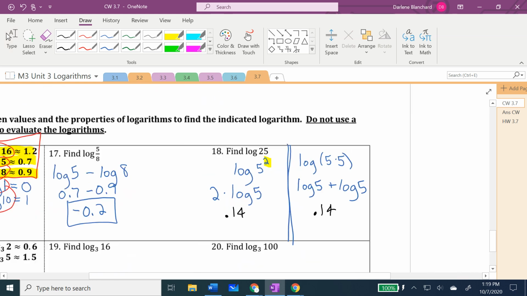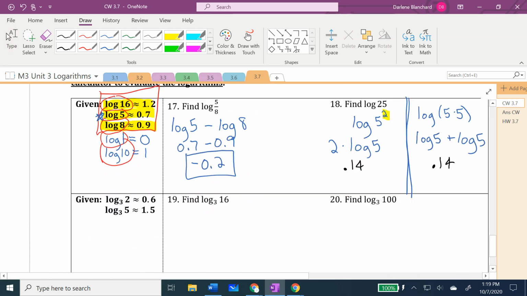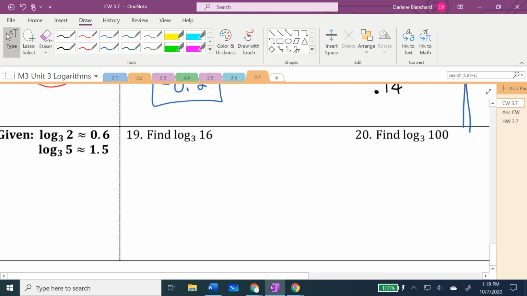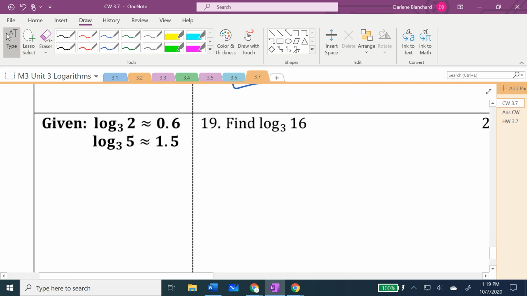Then that was for a base 10 logarithm. Now it's for a base 3 logarithm, but the same basic idea. And I want to add in that, if need be, you know that the log base 3 of 1 is equal to what number?